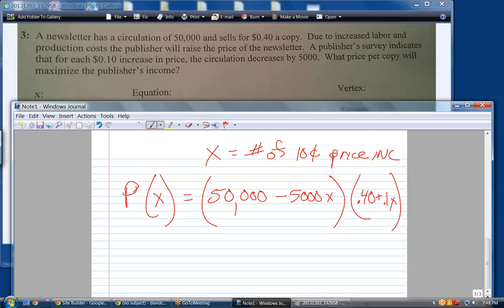Okay, let's see. My vertex came up, and let me see what my window is. Minus 10 to 200 on the x, and minus 200 to 40,000 on the y. Wait, minus 200 to 40,000? Uh-huh.